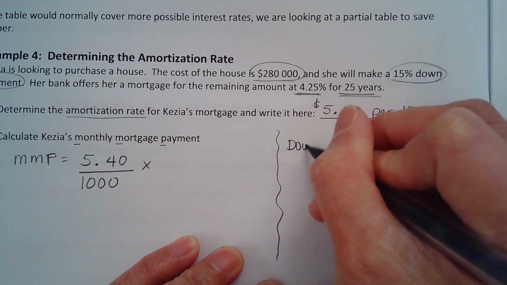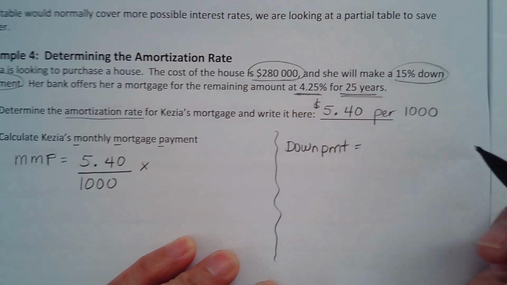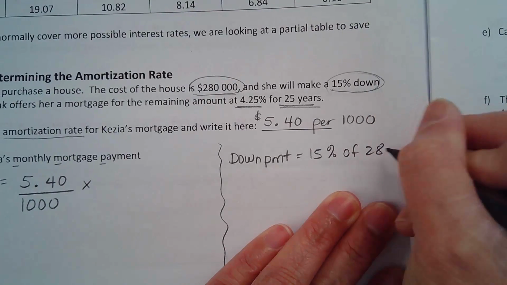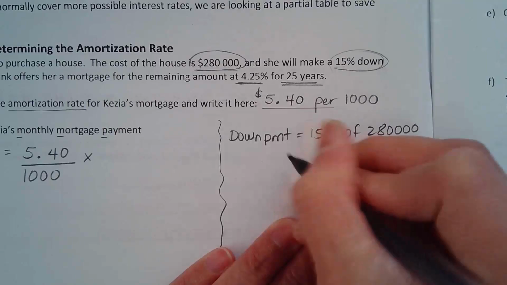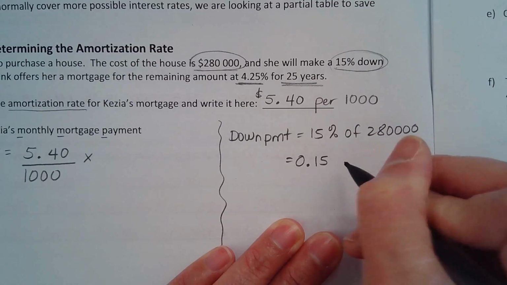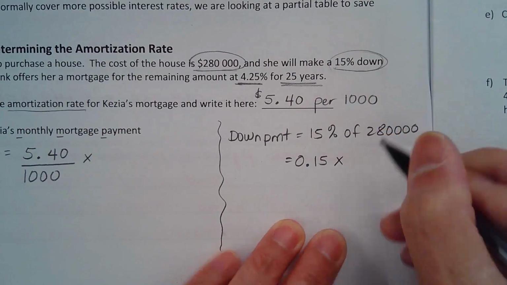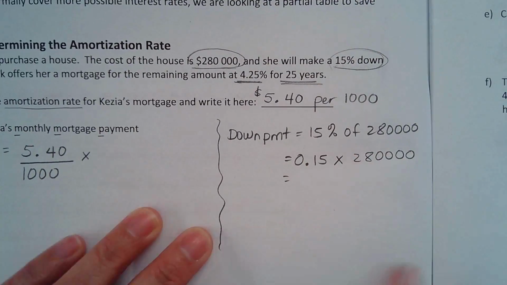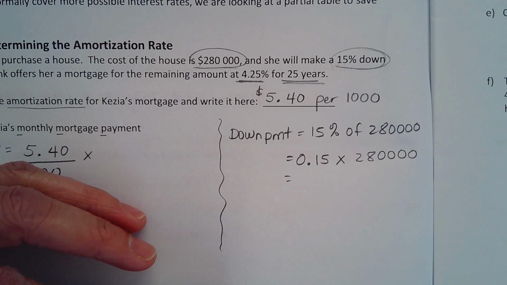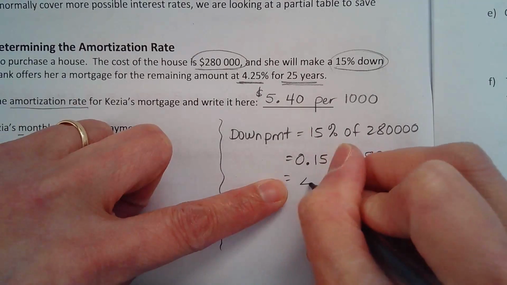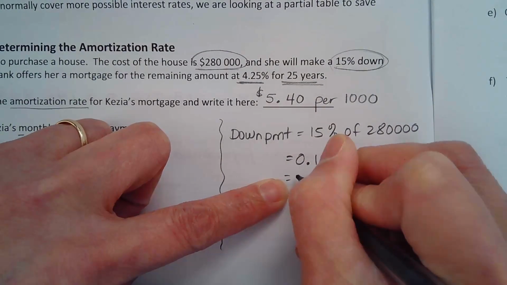How much is the down payment? It's 15% of 280,000. We know how to do this already. It's going to be 0.15, of means times 280,000, equals 42,000. That's the down payment.